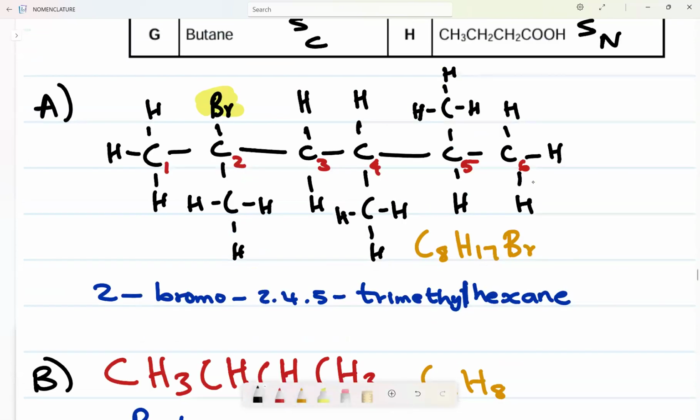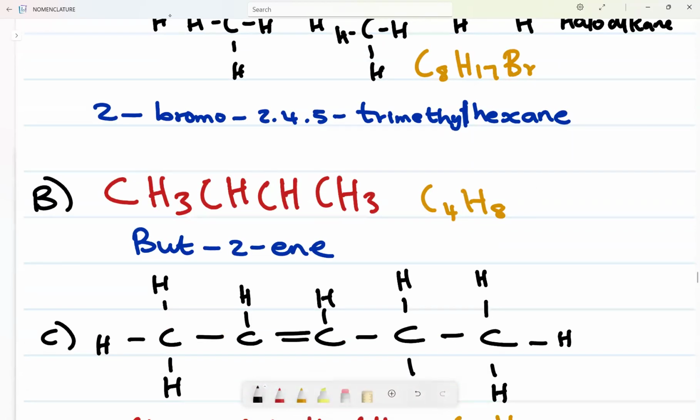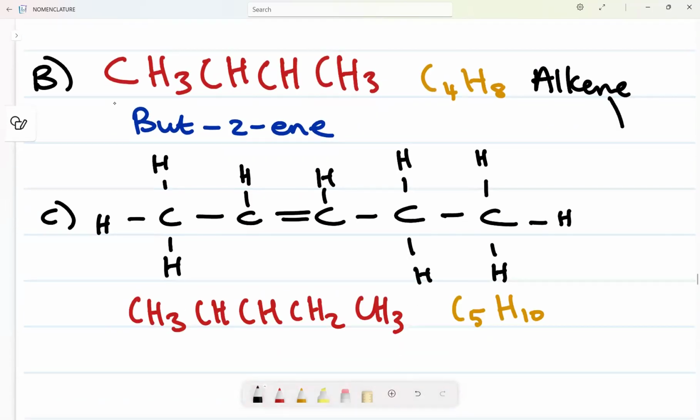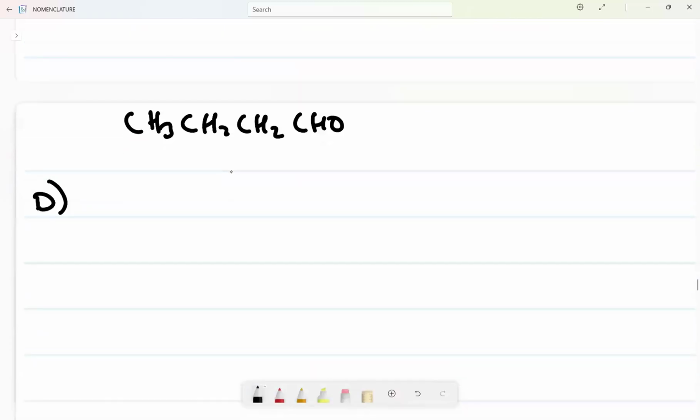This is a haloalkane, homologous series haloalkane. This is an alkene. This one is also an alkene. Then here CH3, CH2, CH2, CHO. I'll just do a structure following that pattern.